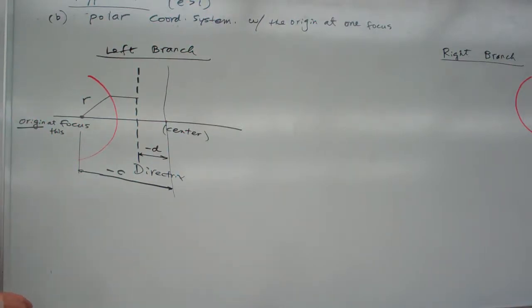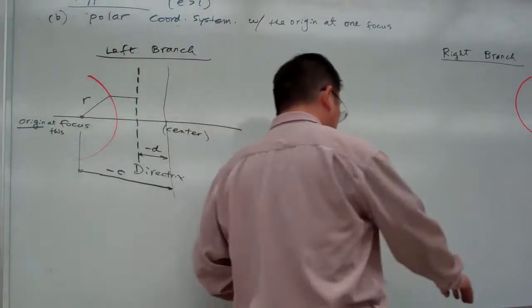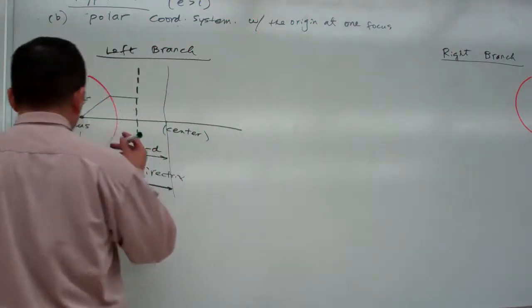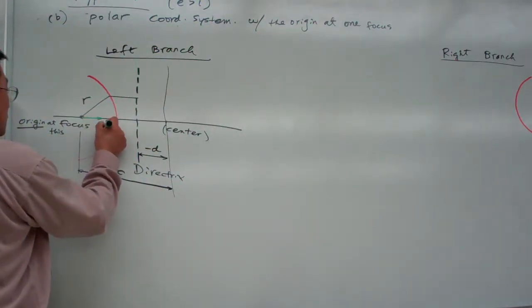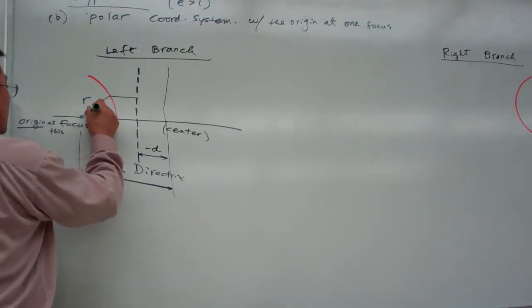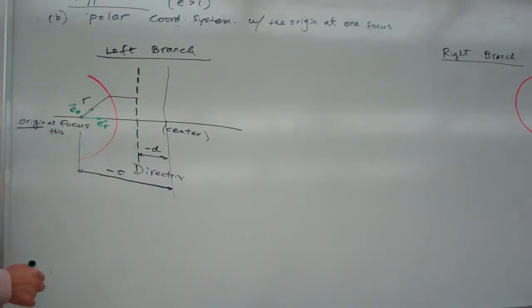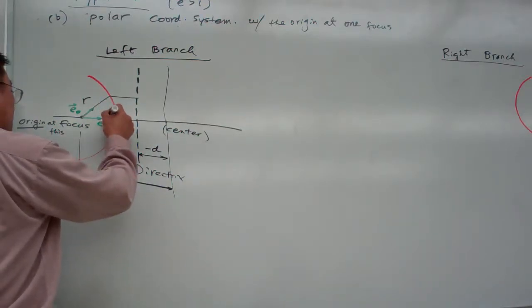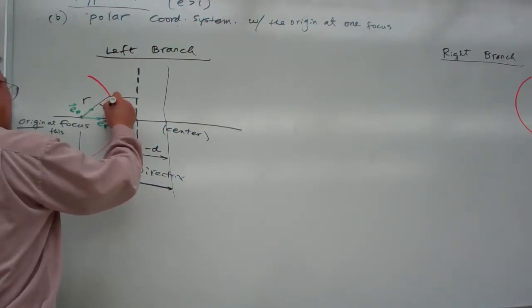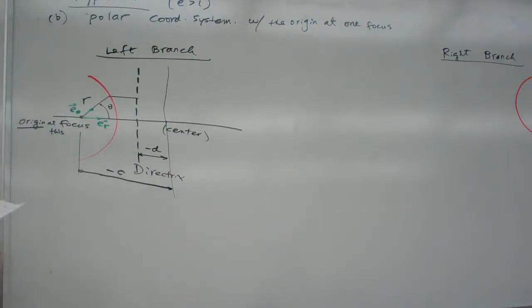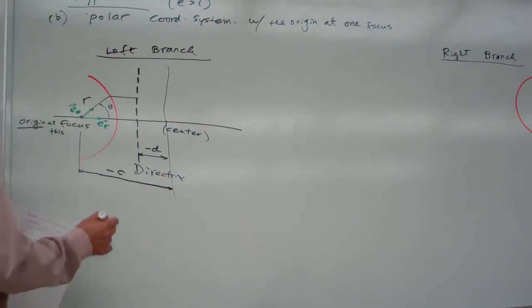And if you wish, let me highlight the coordinate systems. Basically, this is our coordinate systems, e_r and e_theta. Okay, so that's the coordinate systems here. So again, this is the angle theta, or true anomaly. So from here, what is the distance?